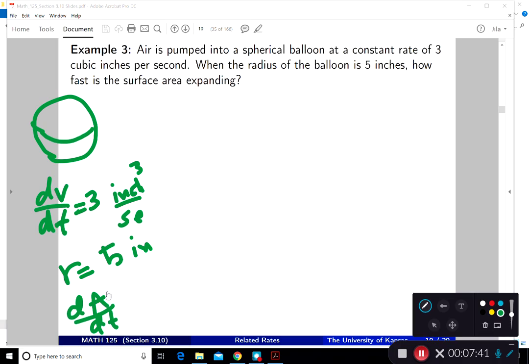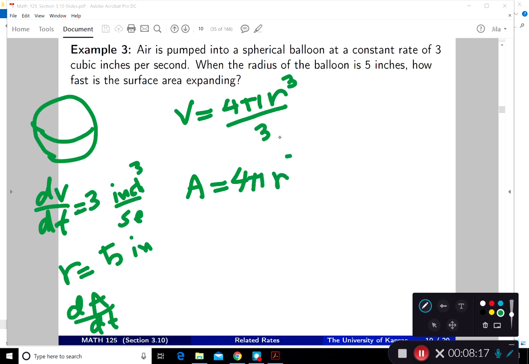Well, I know how volume is related to radius. Let's start with that. So I write the volume of the sphere is 4 pi r to the third over 3. Okay, so that's one thing. Then I know that the surface area is related to r with 4 pi r squared.